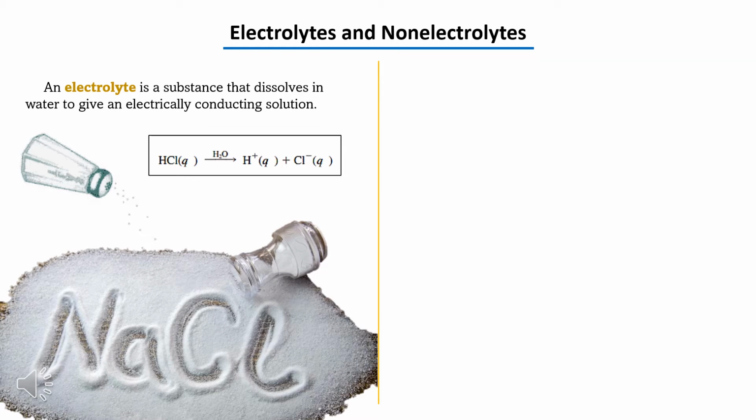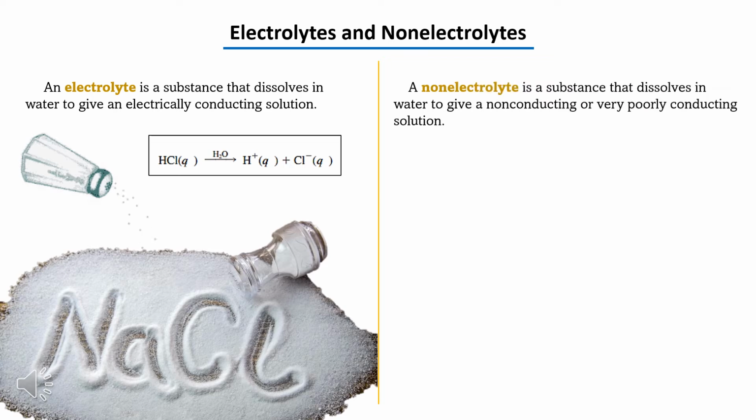Okay, so what about non-electrolytes? A non-electrolyte is a substance that dissolves in water to give a non-conducting or very poorly conducting solution. A common example is sucrose, or ordinary table sugar. Another example is methanol.